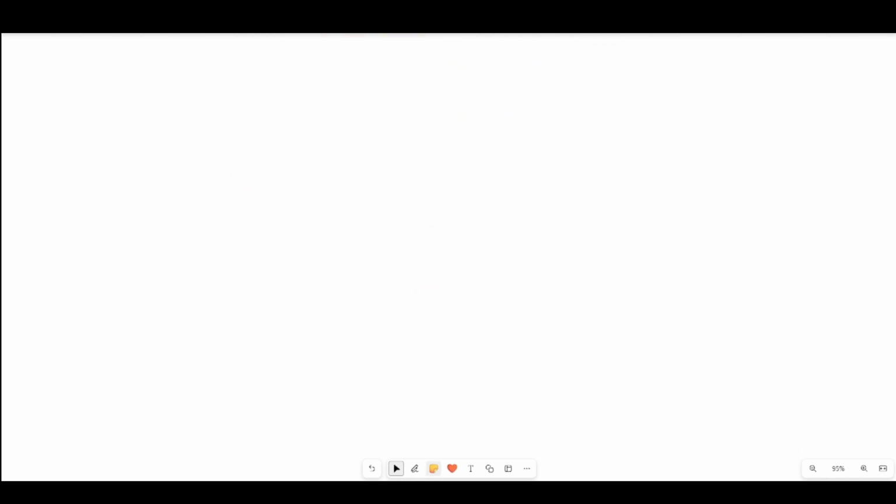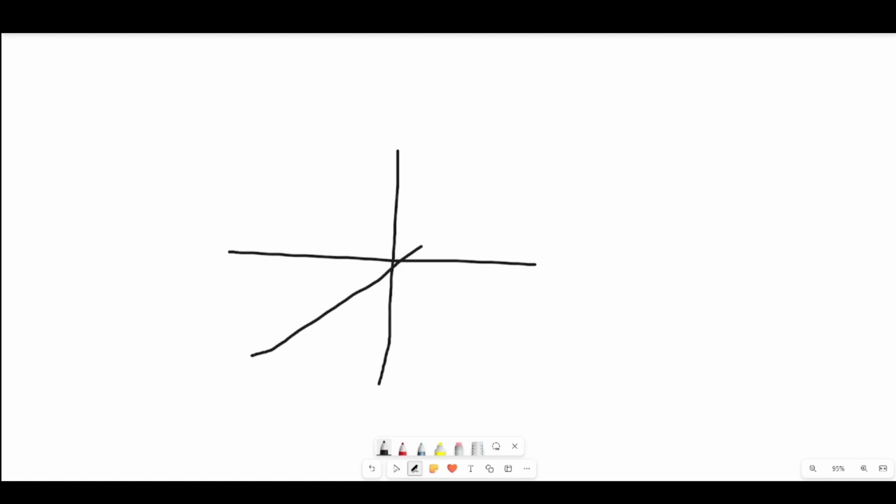So let's say there is a linear graph with the equation y equals x. Sorry for the bad drawing. Okay, y equals x.